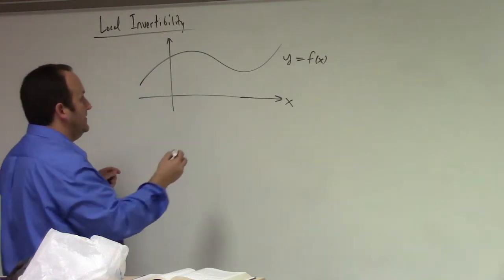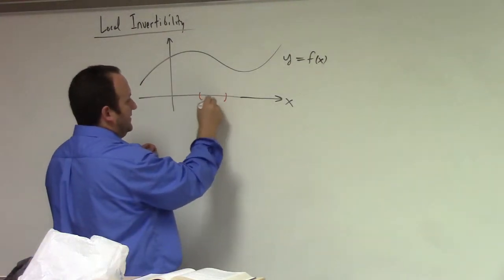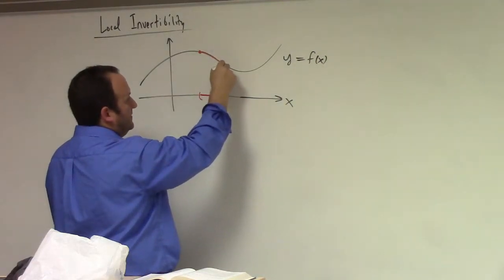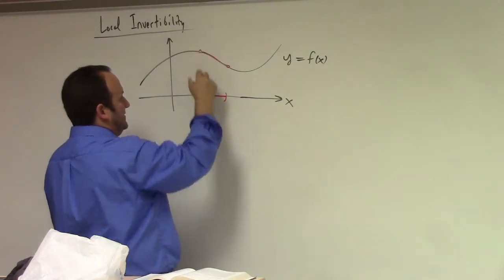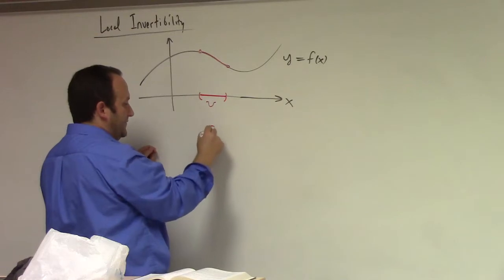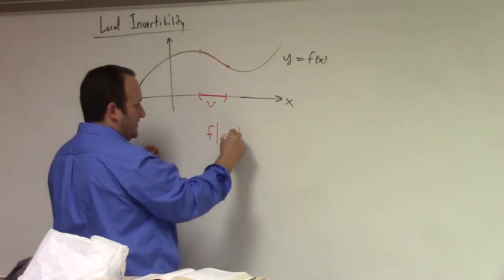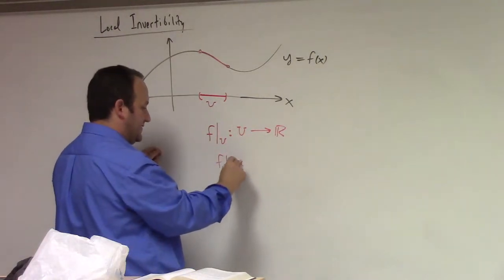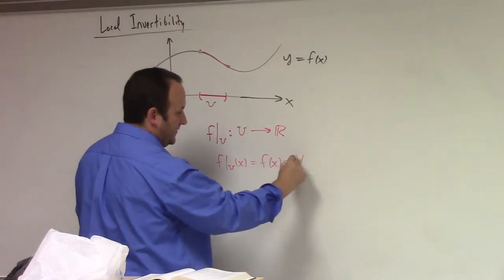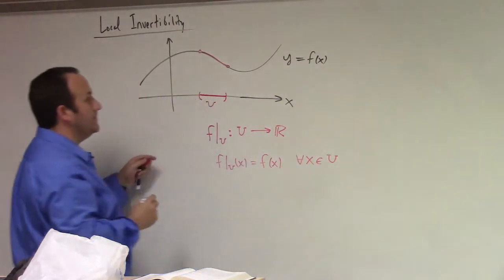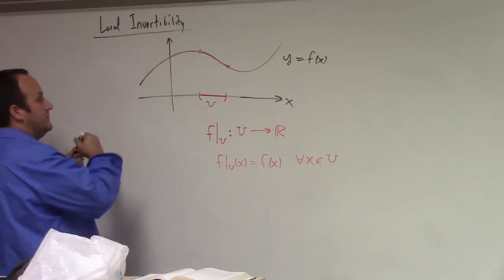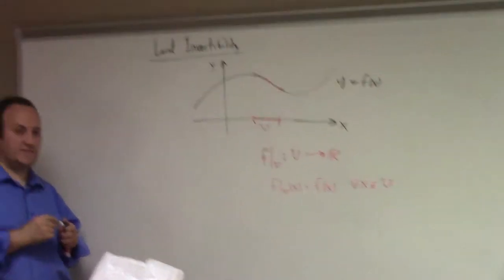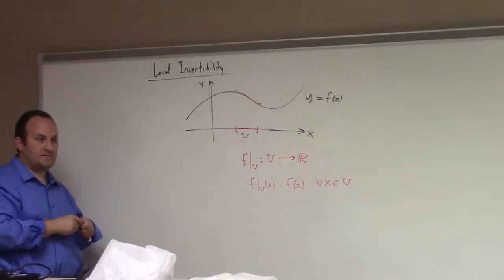So what you want to do is pick some kind of subset of the domain, maybe like this, on which you look at the graph over that set, let's say U. Then f restricted to U, which is a mapping from U to the reals, is defined by f restricted to U of x equals f of x for all x in this subset U. Now, what condition do you need on this set U in order that this restricted function be invertible?